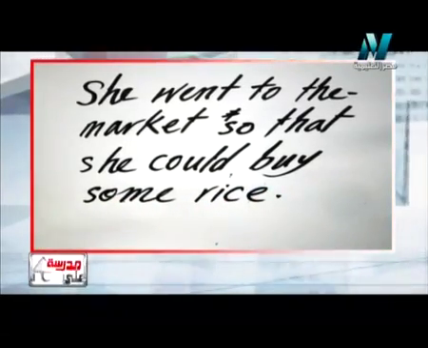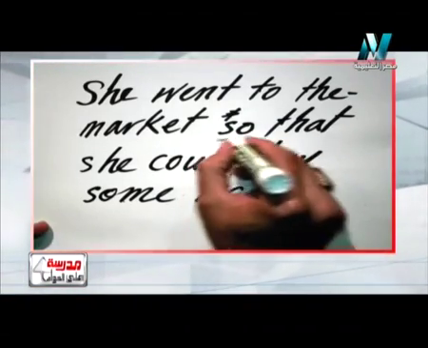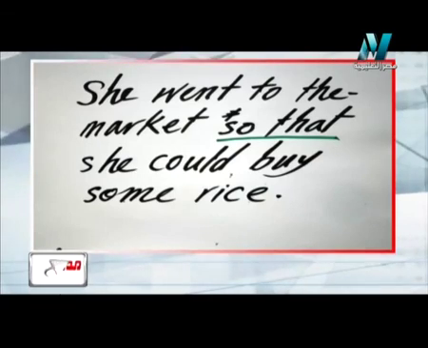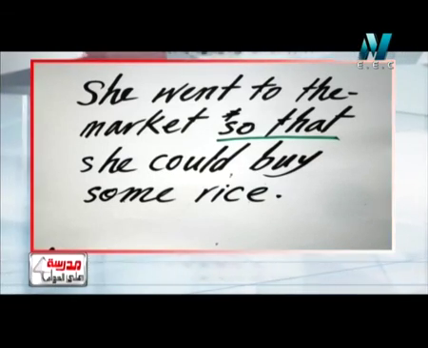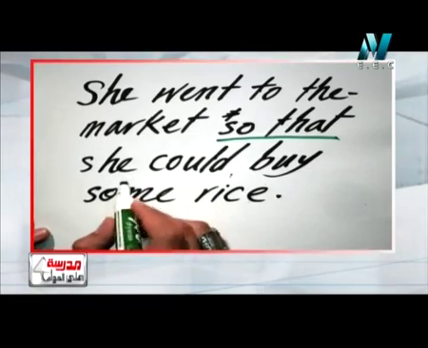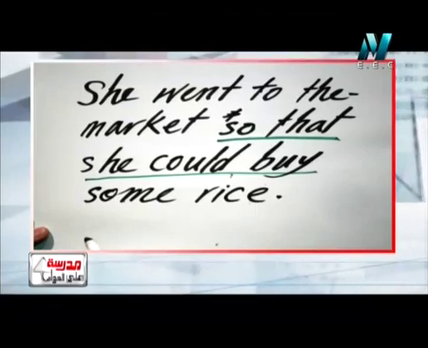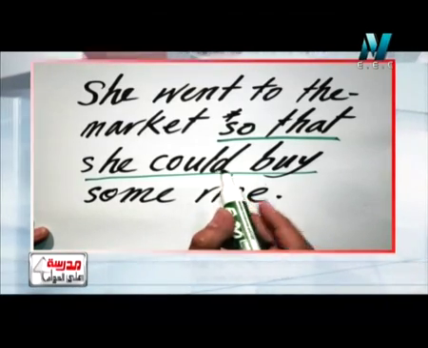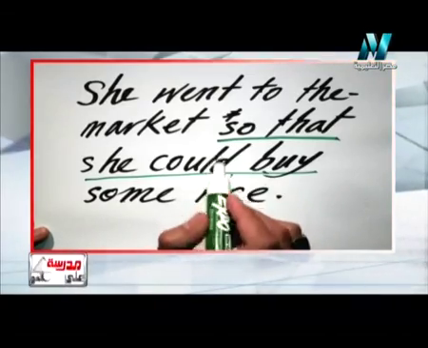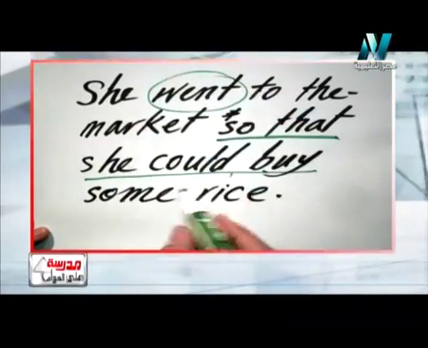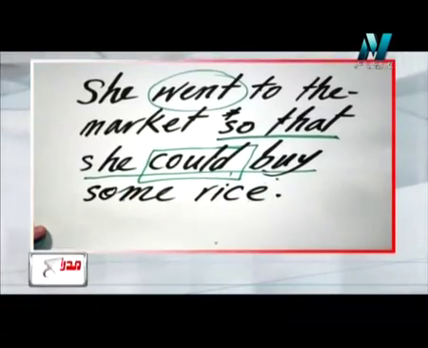If we want to use in order that instead of that, it will be the same. So that, in order that, that. All of these connectors are called the connectors of purpose, and they are usually followed by a sentence. If the sentence is in the present, we use can, may, or will plus infinitive. If the sentence is in the past, as we have here, we use could, would, or might plus infinitive.